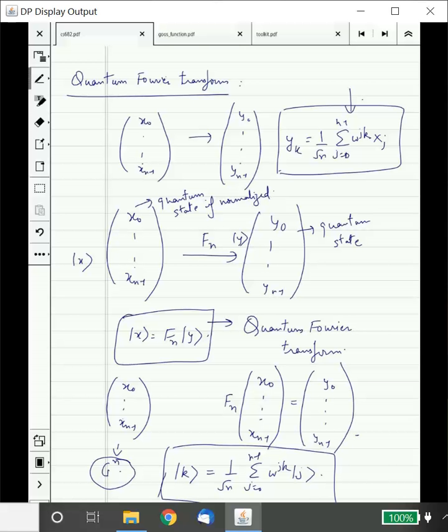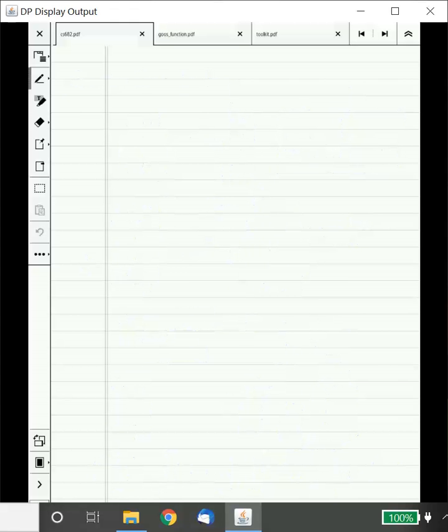We remember omega is the nth root of unity. Notice that since Fn is a unitary operation, that means QFT is a valid quantum operation. We can only apply unitary operations. It's a valid quantum operation.